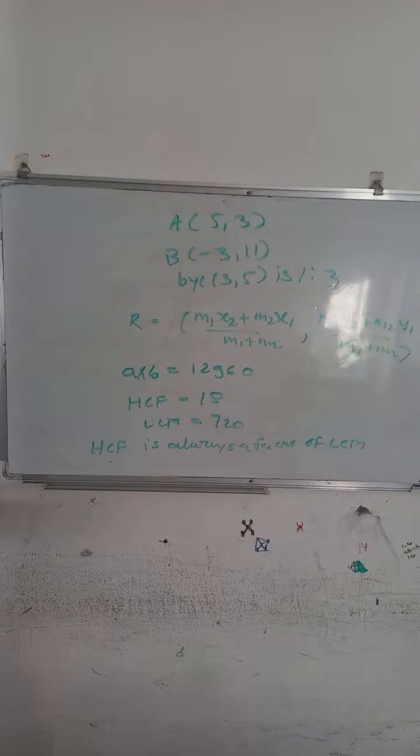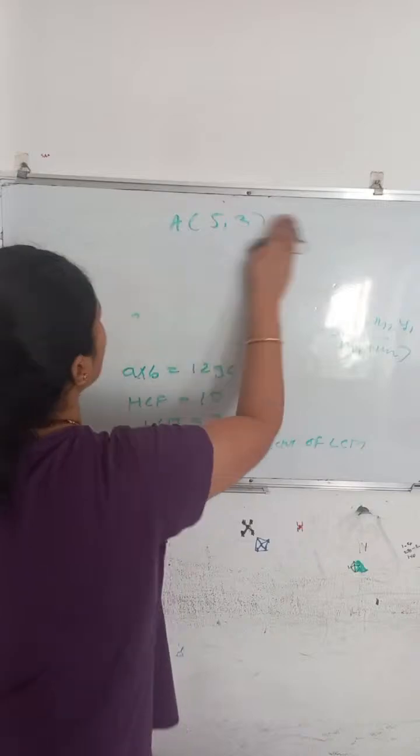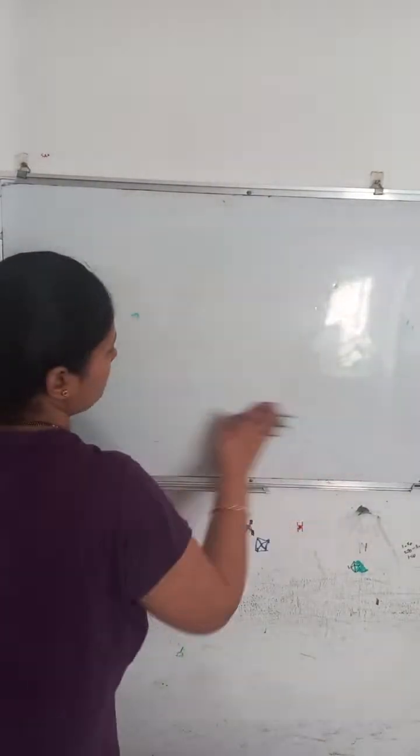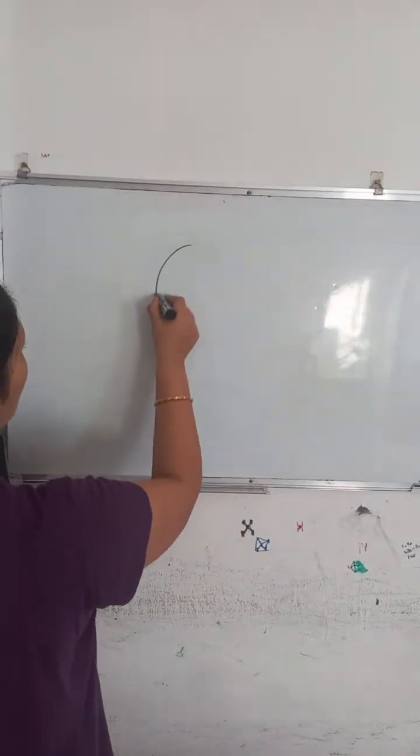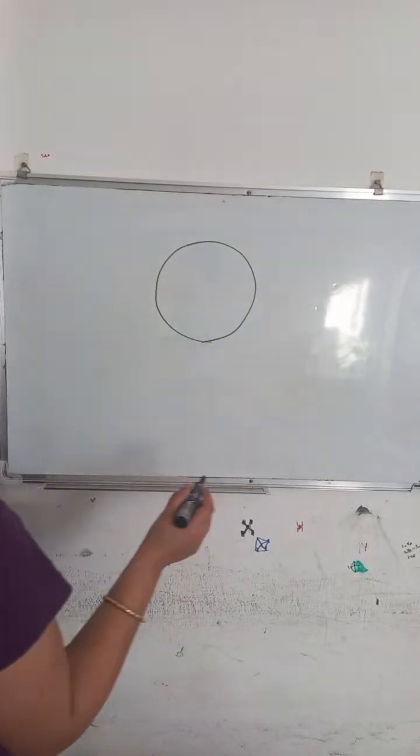Then write down one more question. In the given figure, AT is a tangent to the circle with center O, such that OT is equal to 4 centimeter, and angle OTA is equal to 30 degrees.